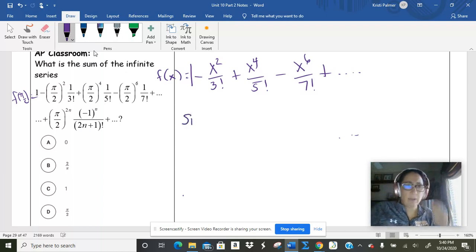So let's think about what sine would look like here if I did sine of pi over 2.